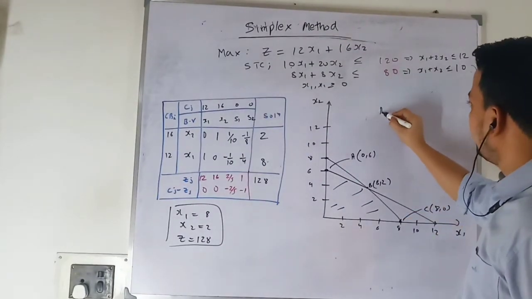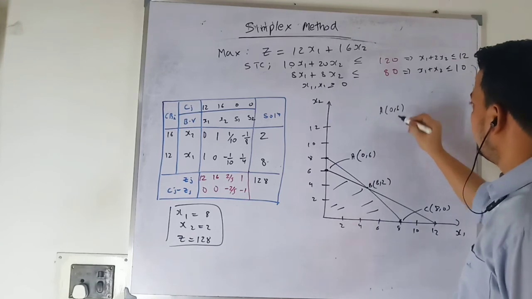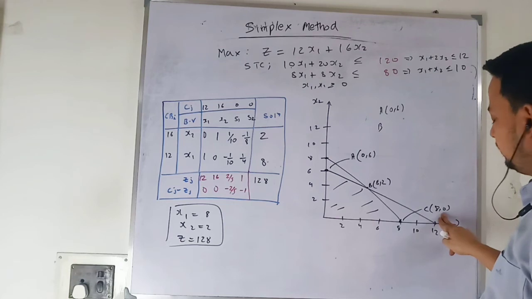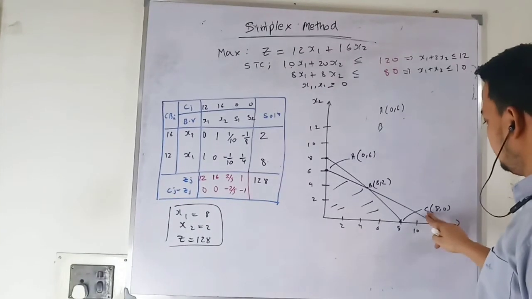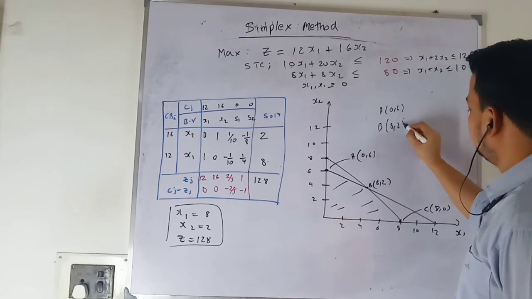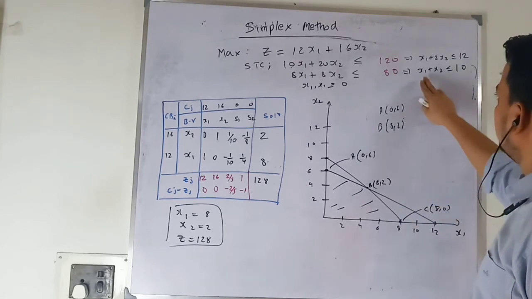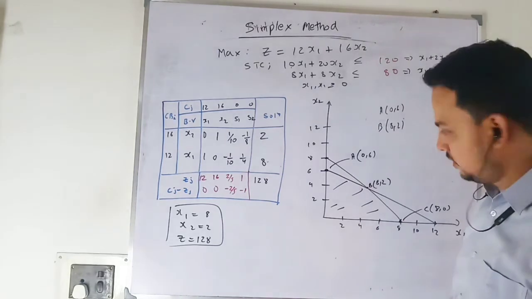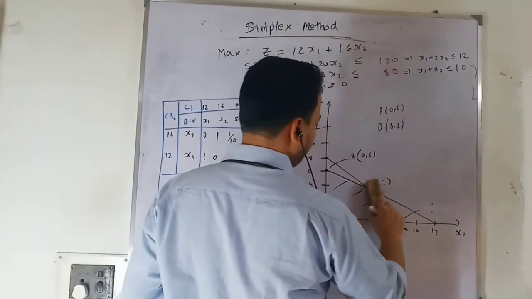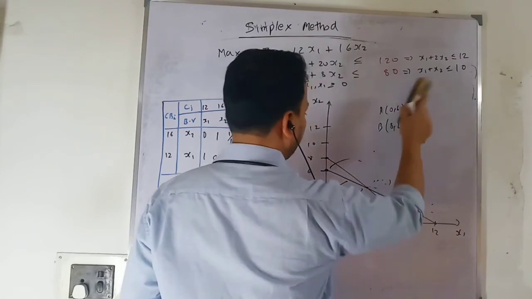I'm just writing down the points, because we have done the basic quantity. This is 8,0. Okay, the second line will be 10, 10, because we have written 8.